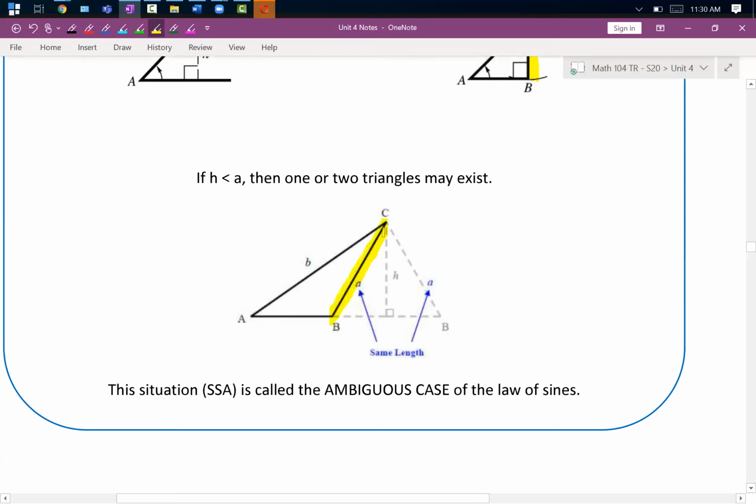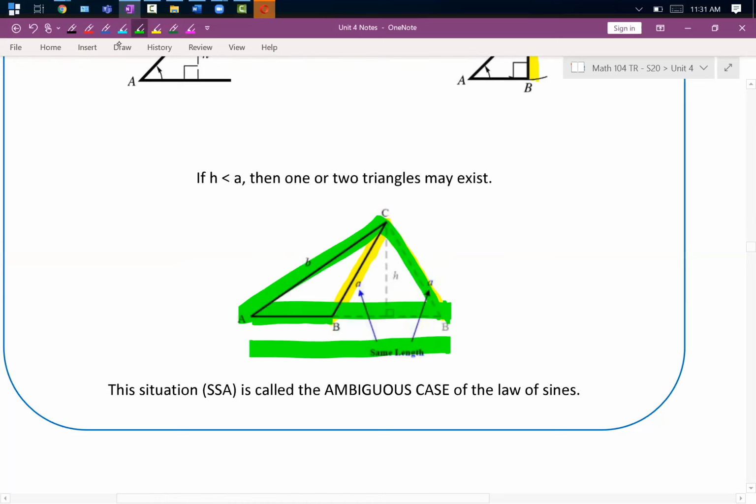It could either go here, or that same length would go here and still intersect our bottom side, because like we said, we don't know how long it is. It could be this long, or it could be this long, and make this big old triangle here. Or we could have this smaller one here.